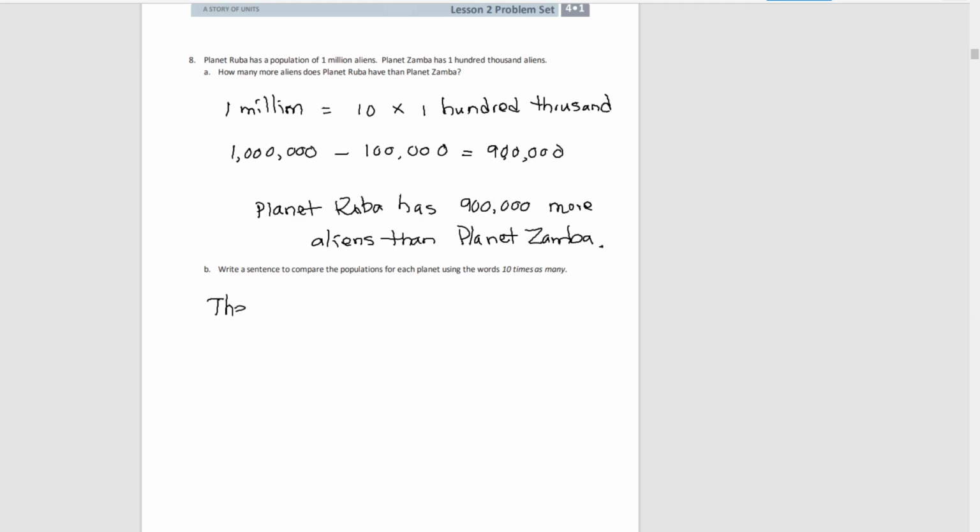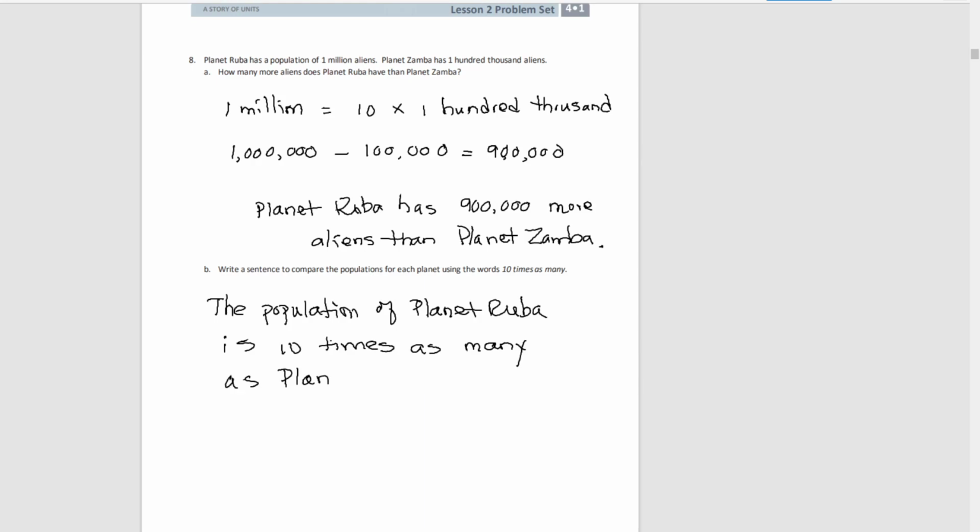Okay, the population of planet Ruba is 10 times as many as planet Zamba.